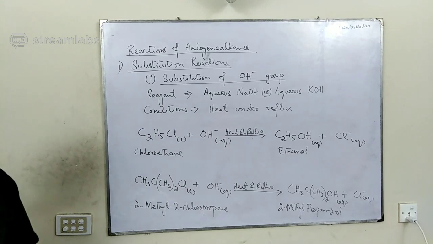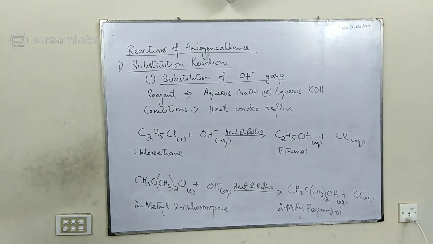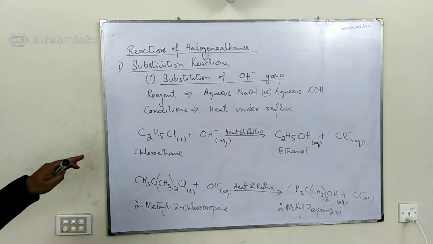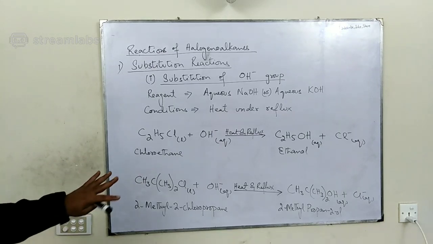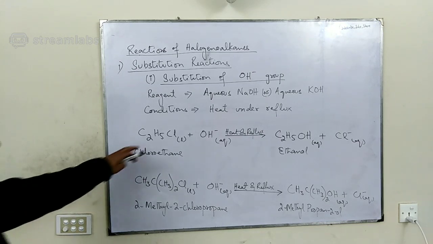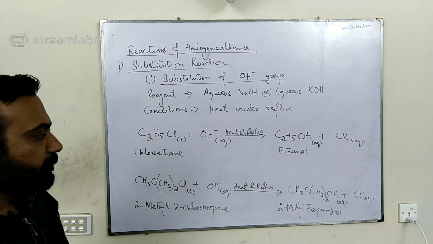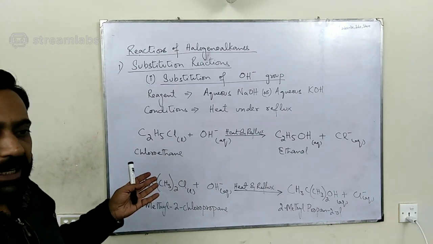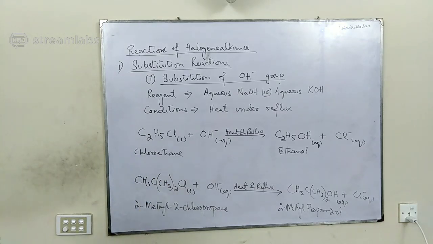So again a similar type of alcohol is produced, and you do not have to change the rest of the molecule, just the functional group has to be disturbed, and in the functional group the halogen atom would be displaced by an OH group during this substitution reaction.